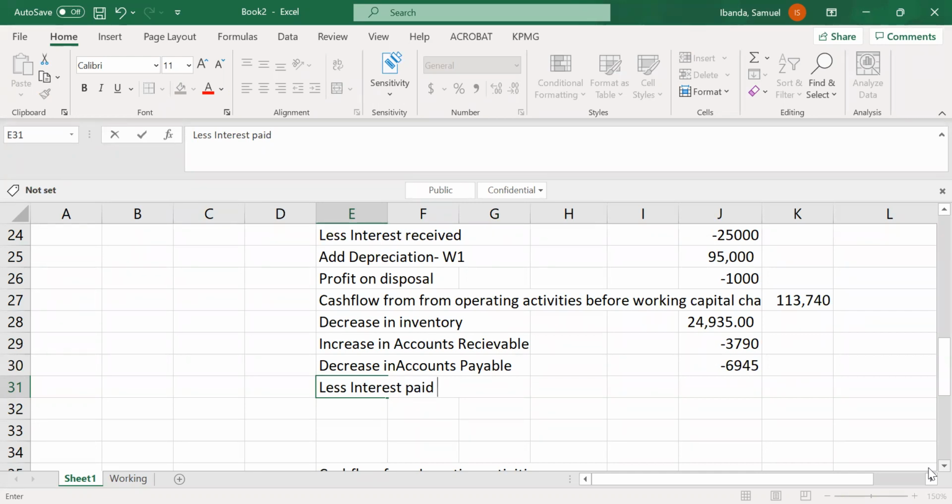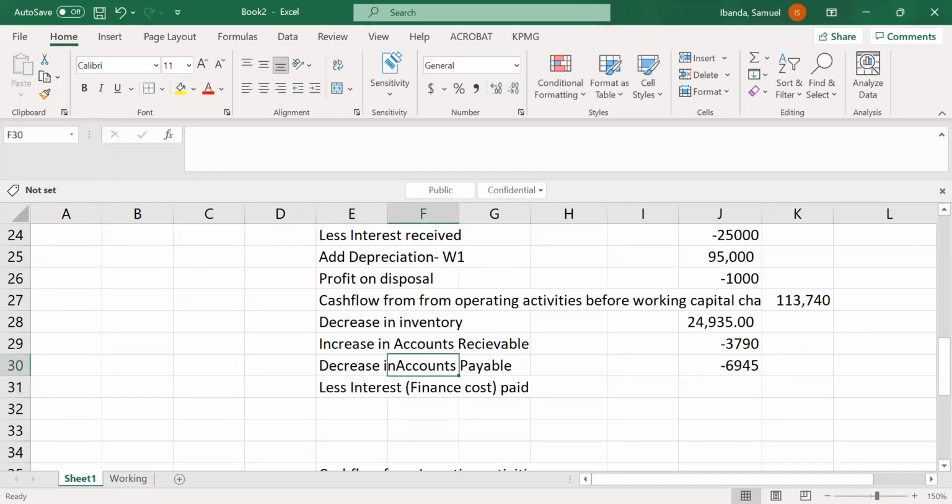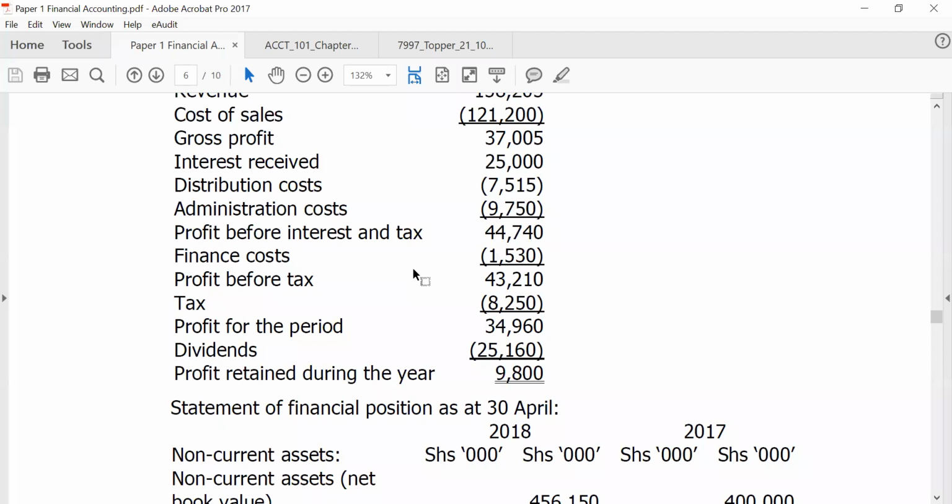Now, how do we determine interest that has been paid? But also to indicate that, like I said, the word interest also means finance costs. So how do we determine the interest that was actually paid? You can go ahead to look at the information they have provided to us. So one, we have this finance cost.